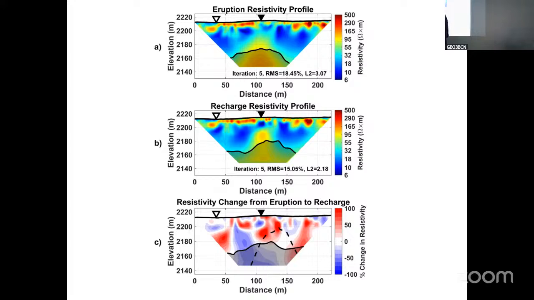So in this case, this is what we want. This lower one is just a difference change between the eruption to recharge, because we'll look at that a little bit more in detail later when we talk about geyser dynamics. But certainly we would expect the structure to have a different resistivity when it's full of water versus primarily full of gas, right? Gas is a very good resistor electrically.